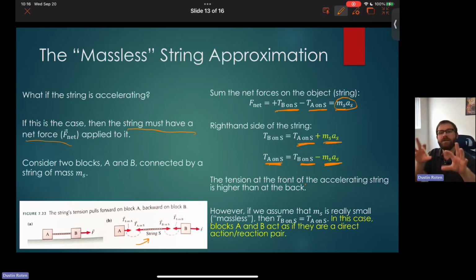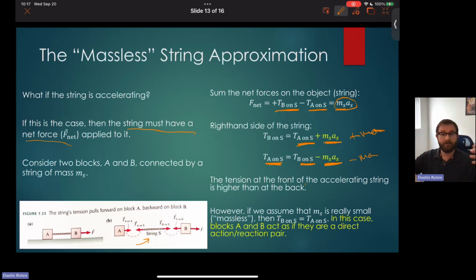You can see from this simple reworking of equations that the tension at the front of the accelerating string is higher, plus ma, than the tension at the back where the A block is. So the tension is actually higher on one side than the other.